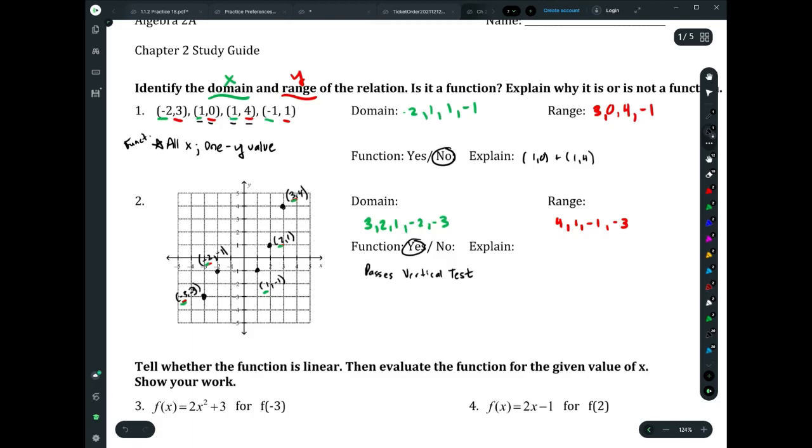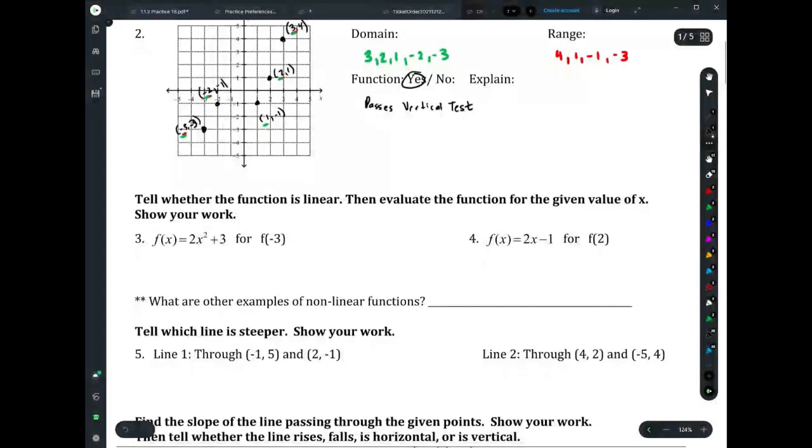Linear functions are always of the form y equals mx plus b, not x squared, 1 over x, 1 over x squared, anything to a negative power, also absolute values. None of those are linear functions.